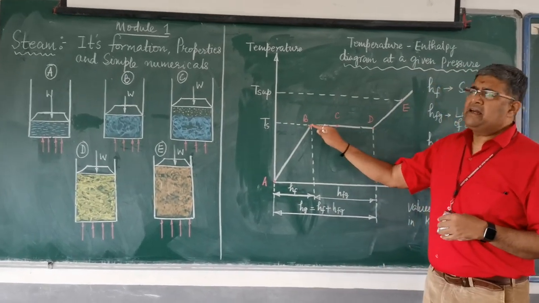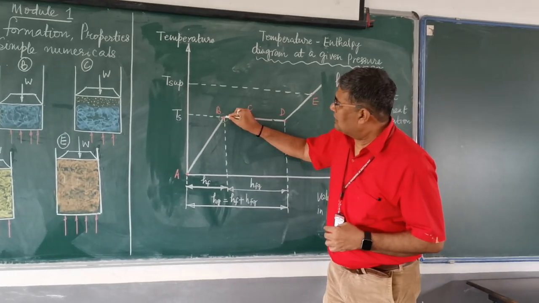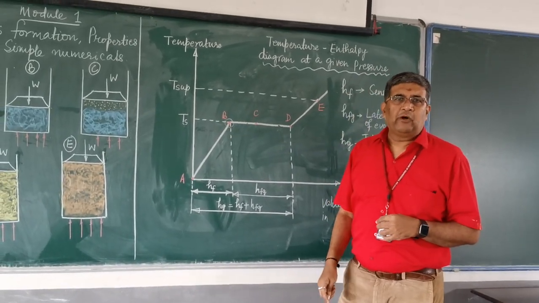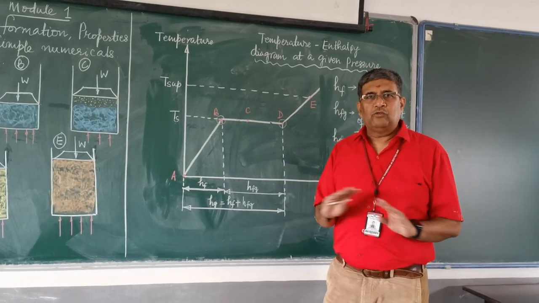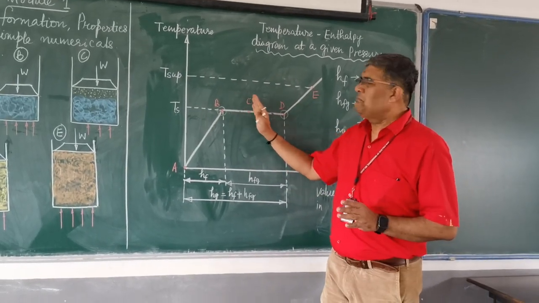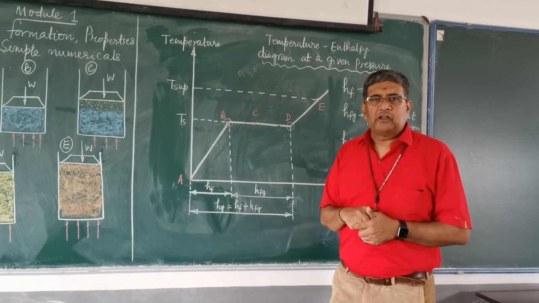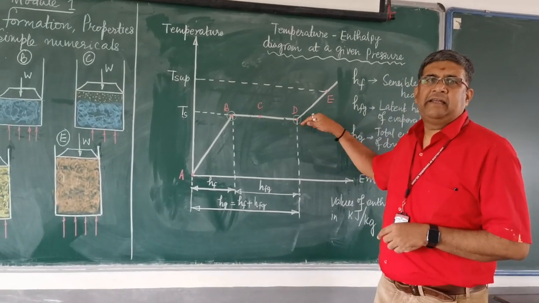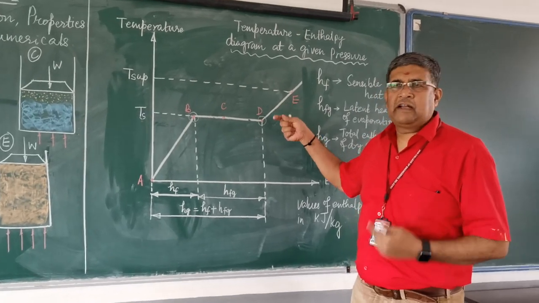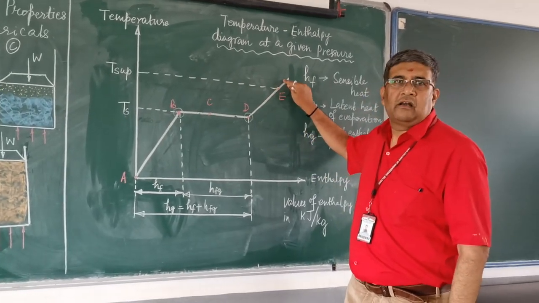Here we have only water which is boiling, here we have only steam which is completely dry with no water molecules, and anywhere in between it is going to be a mixture. Once we reach point D, if we further add heat, the temperature again slowly rises.